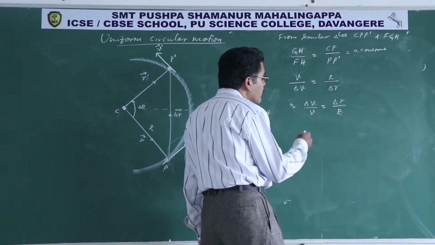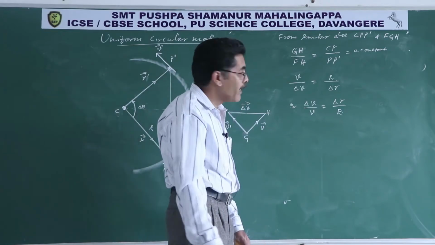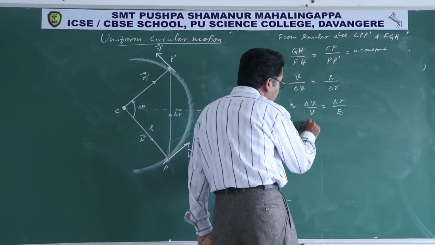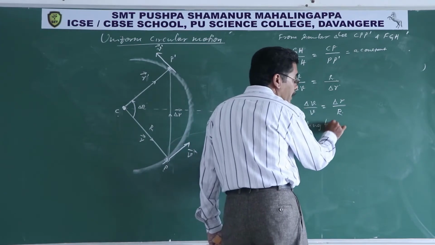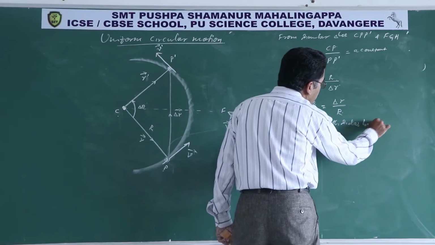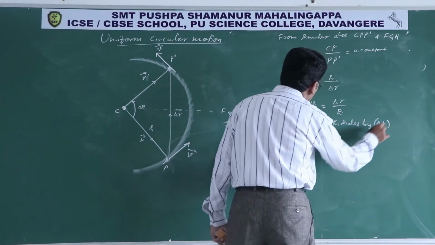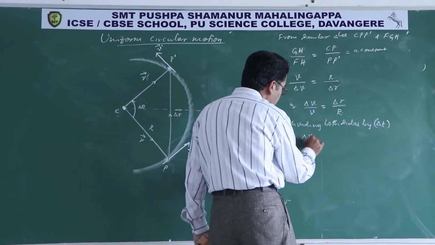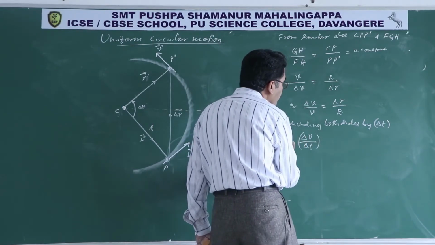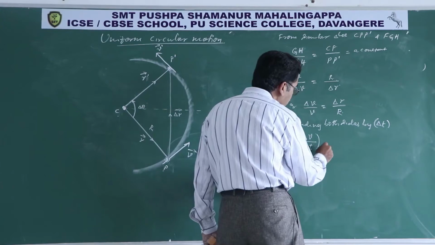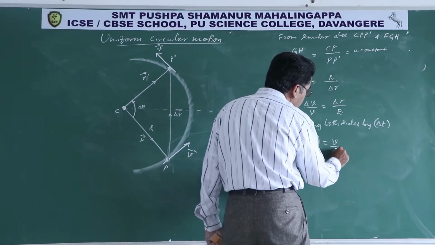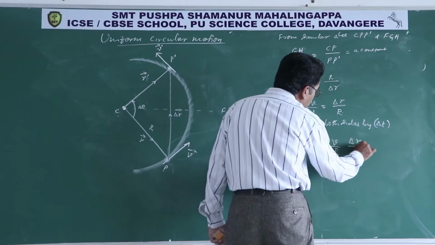Now you just divide both sides by delta t. Delta v by delta t, and you take v to the side, v into v by r, delta r by delta t.